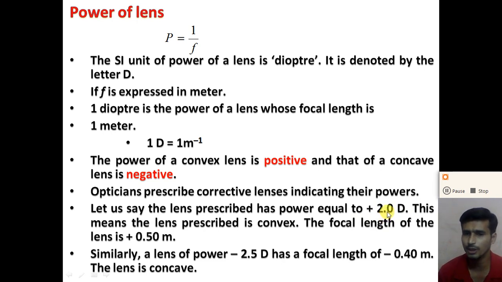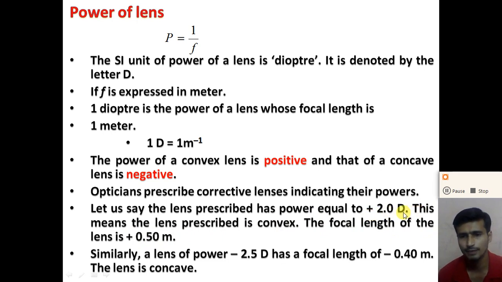If the optician prescribes us the power equal to plus 2 diopter, this means that the lens prescribed is a convex lens whose focal length is plus 0.5 meter, right?